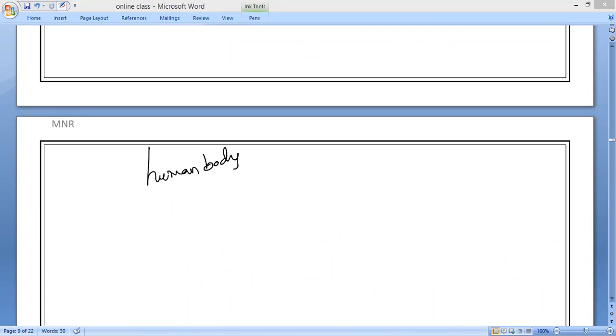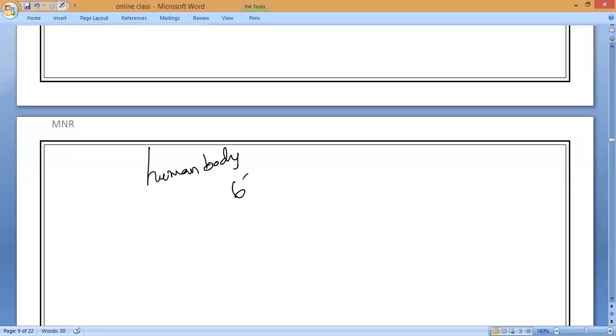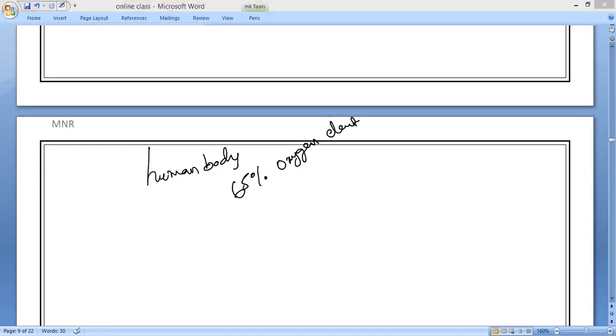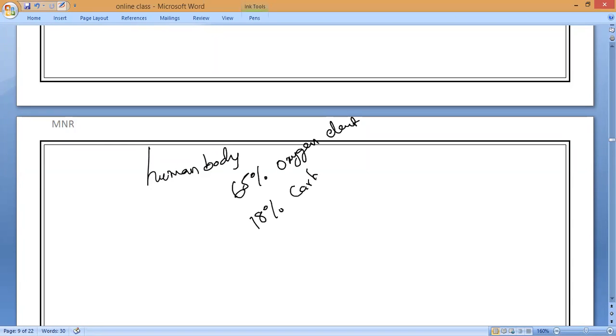For example, if we take the human body, it contains 65% oxygen element. Next, 18% carbon element. Next, 10% hydrogen element.